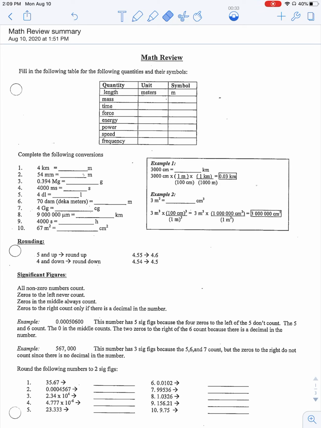I also want to give you a heads up that everything you are going to be asked to do in this math review assignment is going to be super important in everything that you turn in to be graded. Some students feel really confident that they understand how to find the final answer, but maybe leave out some details along the way, or they're a little careless in interpreting or showing their work.